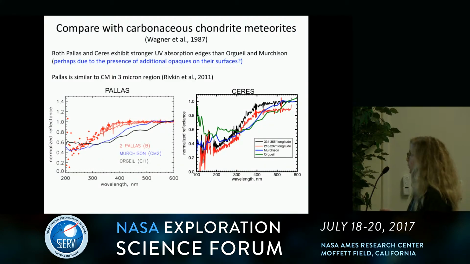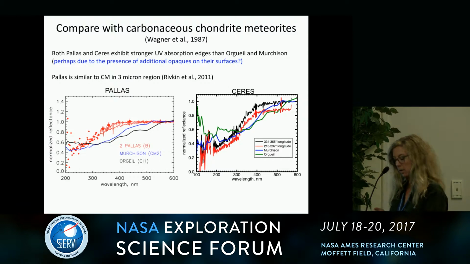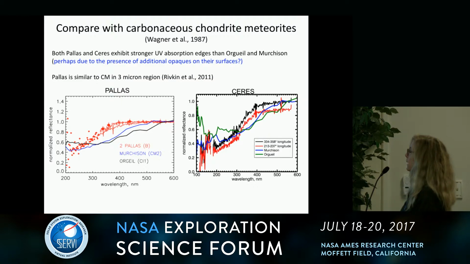Okay, we can compare with carbonaceous meteorites, carbonaceous chondrites, at least a couple CI and CM meteorites as measured by Wagner et al. and published in 1987. Here we compare Pallas with Murchison and Orgueil, just as an example. Pallas is in red, and Murchison and Orgueil are in black and blue.